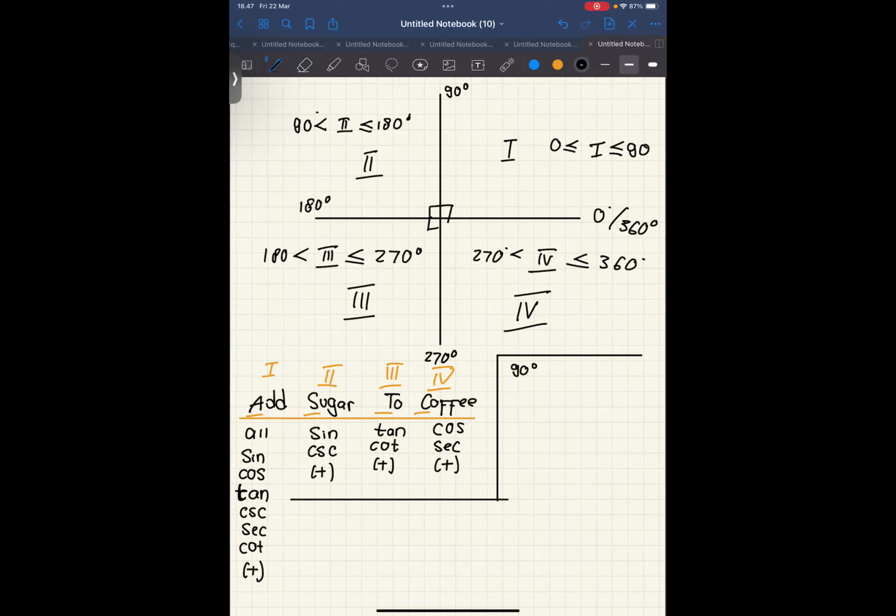It's either 90 degrees minus a number that results in the number you're looking for, or 90 degrees plus a number that results in the number you're looking for, or 180 degrees minus a number that results in the number you're looking for, 180 degrees plus a number, and it continues to 270 degrees minus a number, 270 degrees plus a number, and 360 degrees plus or minus a number that results in the number you're looking for.